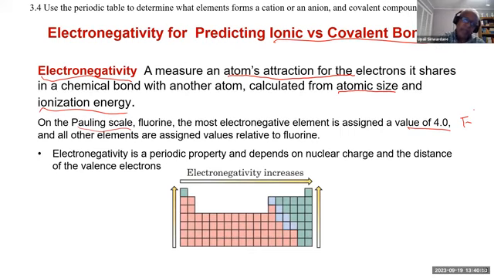There's a trend in the periodic table. In a group, going top to bottom, going down, that's the decreasing order. Going across a period, that's the increasing order of electronegativity.